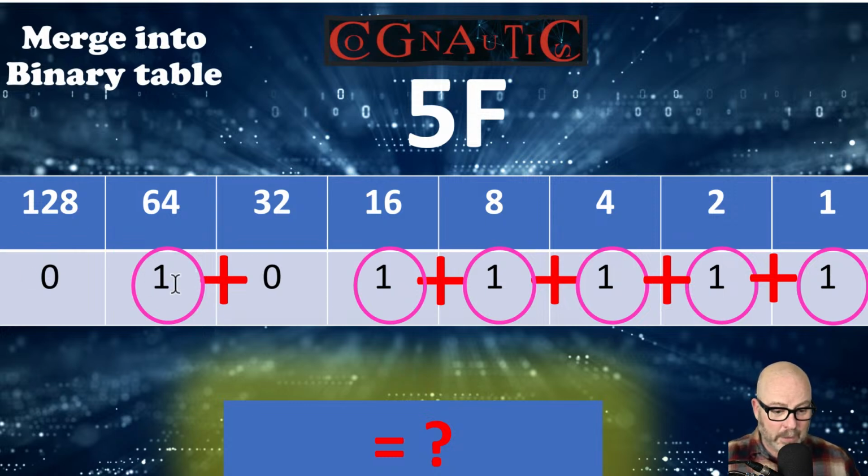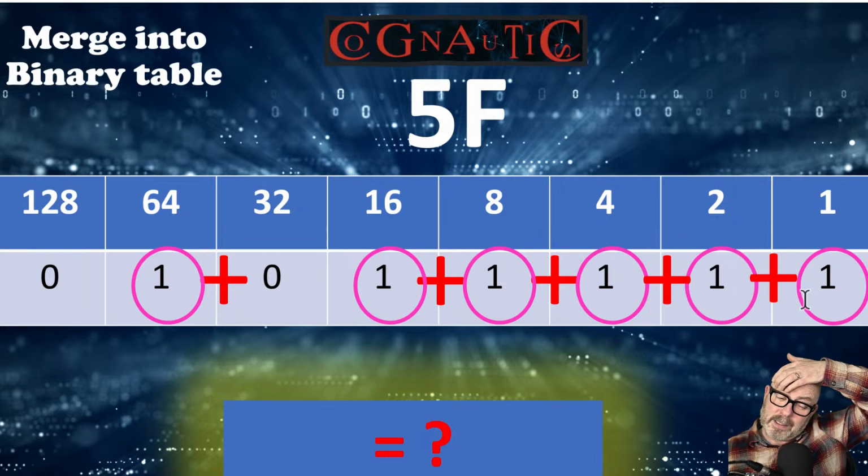We look down to see where we've got ones: a 1 for 64, a 1 for 16, a 1 for 8, a 1 for 4, a 1 for 2, a 1 for 1. You simply add those all together. 64 plus 16: 64 and 6 is 70, plus 10 is 80, plus 8 is 88, plus 4 is 92, 94, 95.